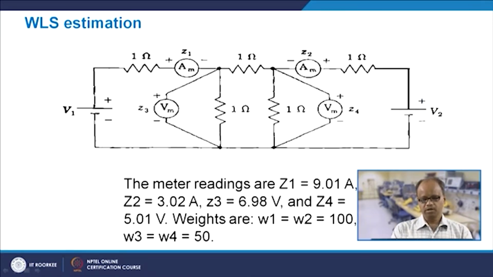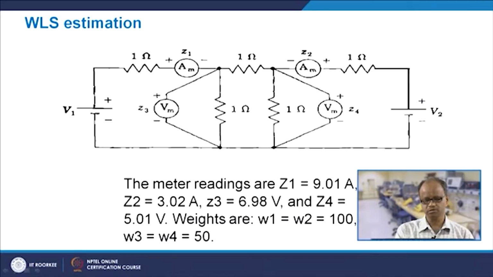Similarly, probably the true value of the voltage at this node is 7 volt, but because of the error it is read as 6.98 volt, and similarly the true value of the voltage at this node is 5 volt, but because of the meter error it is registered as 5.01 volt.